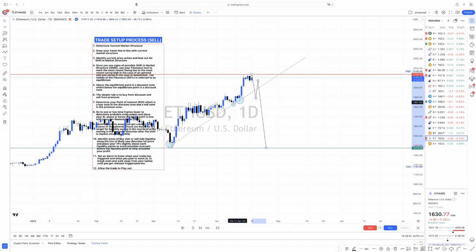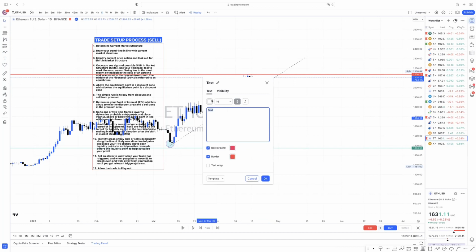Okay. Another thing I need you to take particular note of is that as price is trying to uptrend, price was actually leaving some footprints for liquidity to be grabbed in the future. This is what I mean.